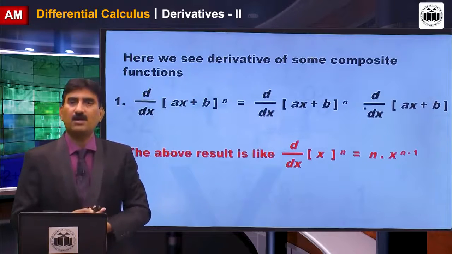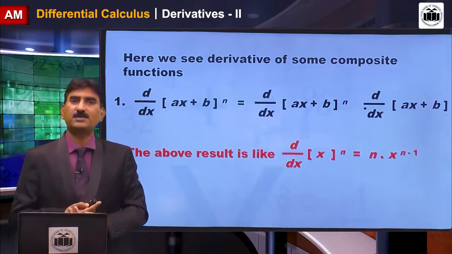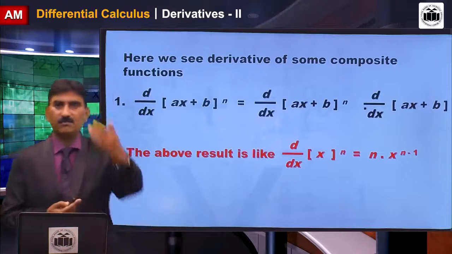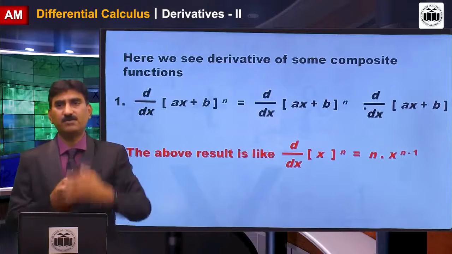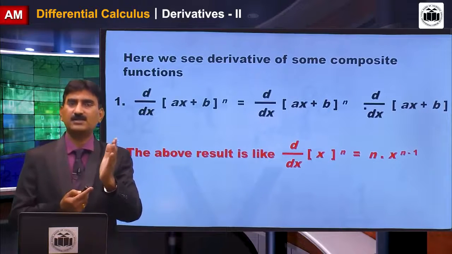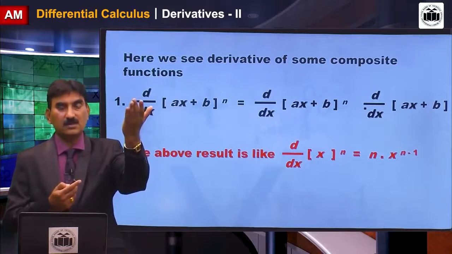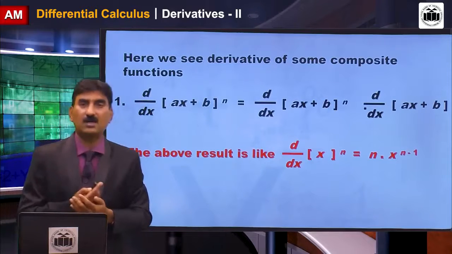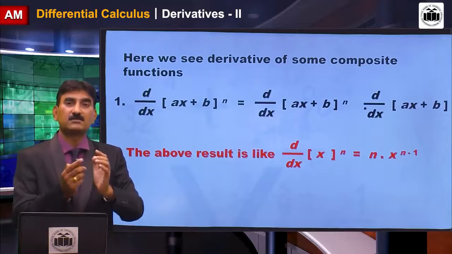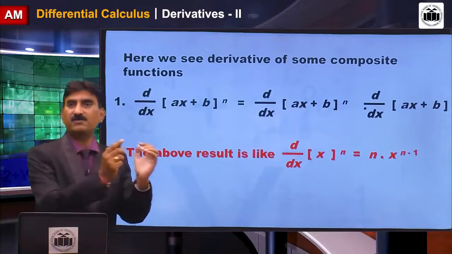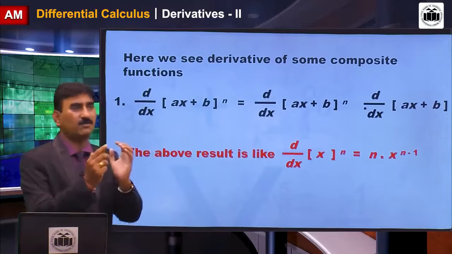Now for d by dx of ax plus b raised to n, we have to use the same rule just like the previous one. First I am taking the derivative of ax plus b raised to n. The teacher already told us we have to take the index part of the function first. So here, what is the index part?